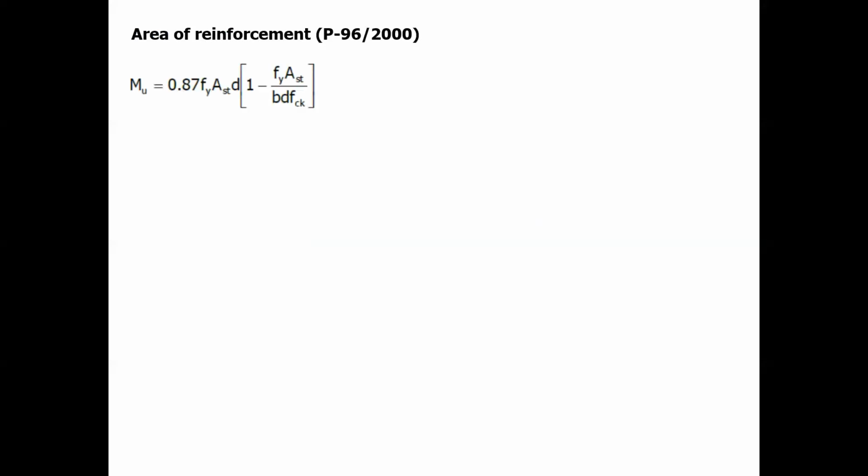Next, take down: area of reinforcement, in bracket main reinforcement, as per IS 456-2000, page number 96. You have the formula Mu is equal to 0.87 fy Ast d into 1 minus fy Ast divided by fck bd. You know all the values, so substitute and calculate Ast.